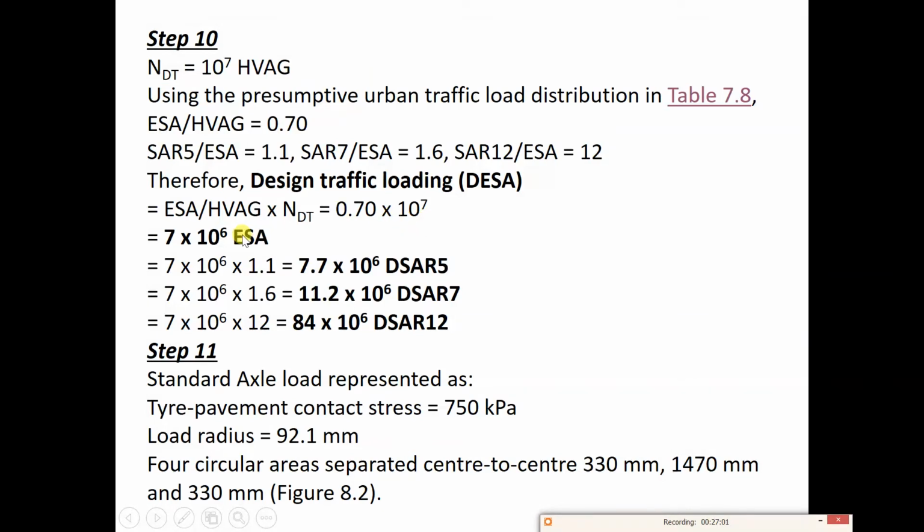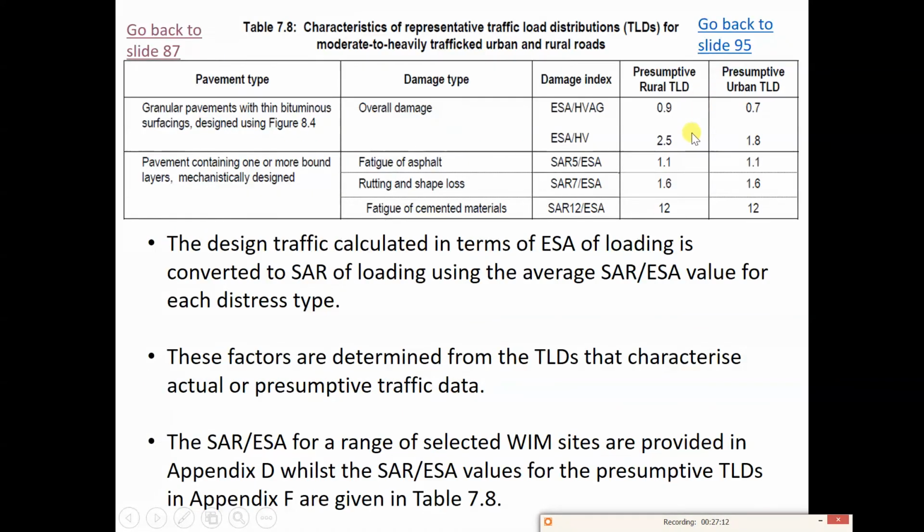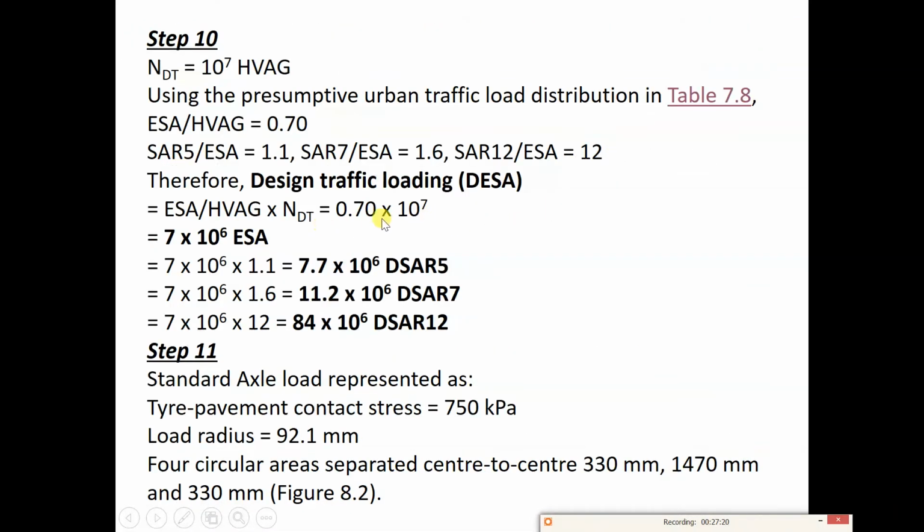Sorry, you multiply by the ESA divided by HVAG, multiplied by NDT. Just now we talked about that. We see that ESA divided by HVAG for the presumptive urban area is 0.7. So 0.7 times 10 to the power 7 gives us 7 times 10 to the power 6 ESA. So this is the design traffic.